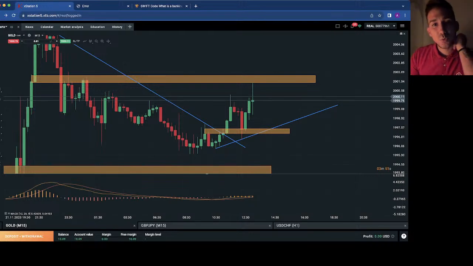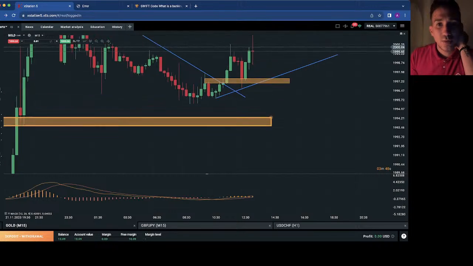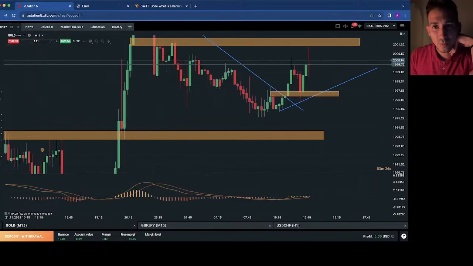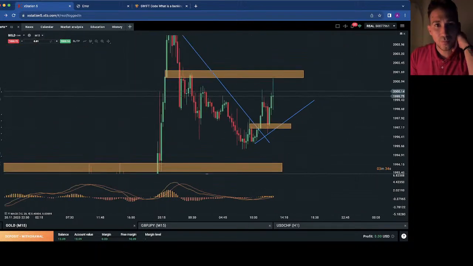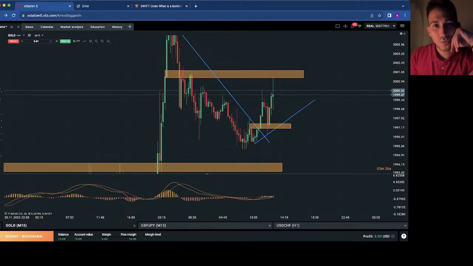This is the last push for the gold buyers. Yeah, I think we're going down to test the 50% area on the Fibonacci, and here we go. So the next candle is gonna give us the idea of where we're going to go.